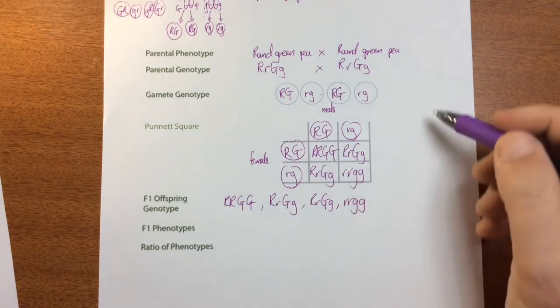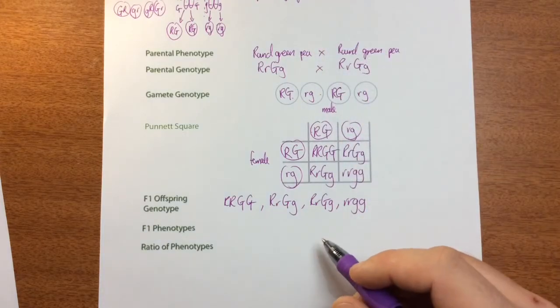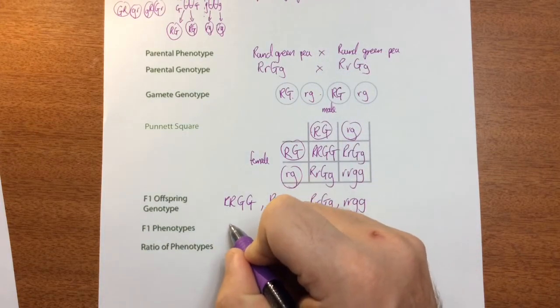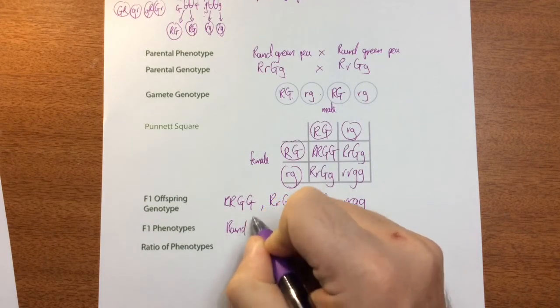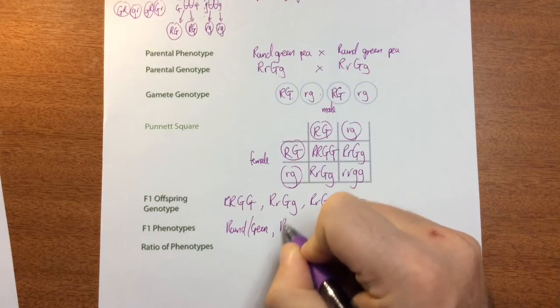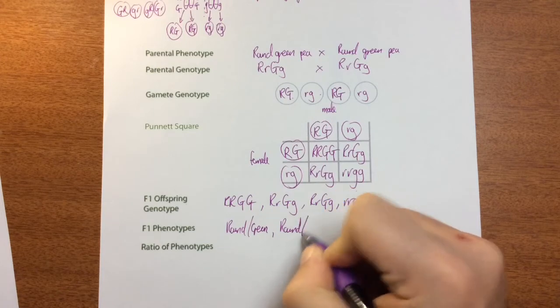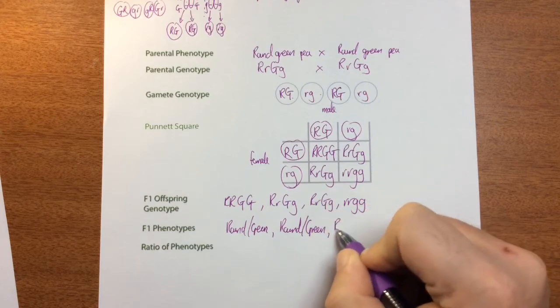Phenotypes then. If we come back to look at our dominant versus recessive, we have round and green, round and green, there's the dominance, round and green again.